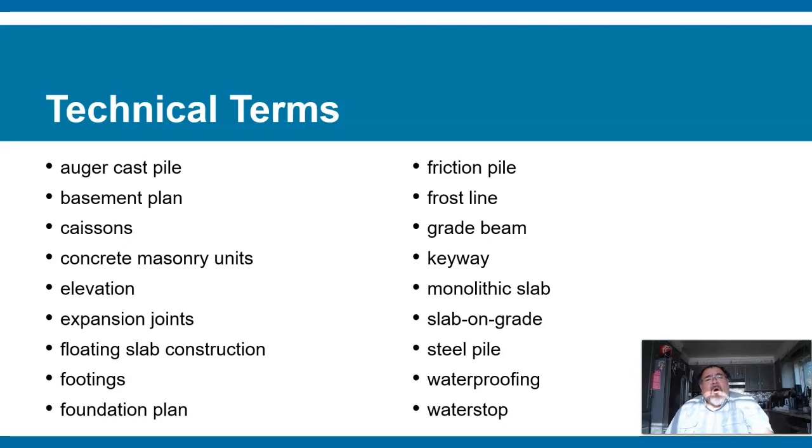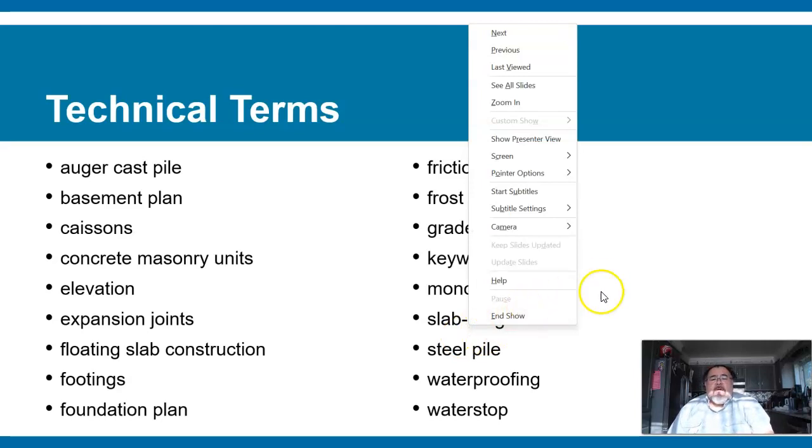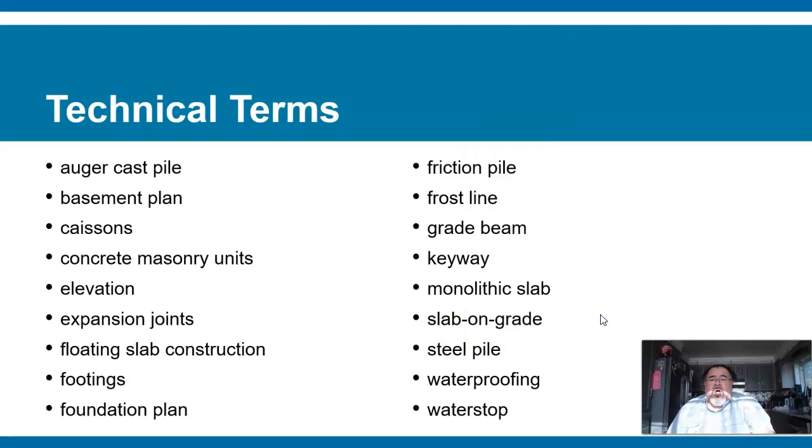And a slab all in one liquefied pour. That's a monolithic slab. A slab on grade is like a floating slab right on top of the dirt. But the grade might be sloping, and so it might be thinner on one end and taller on another end.